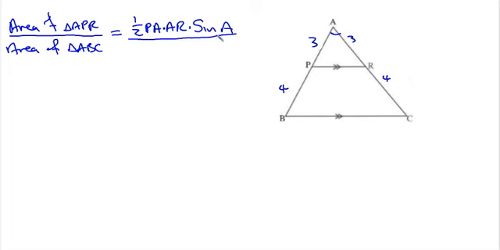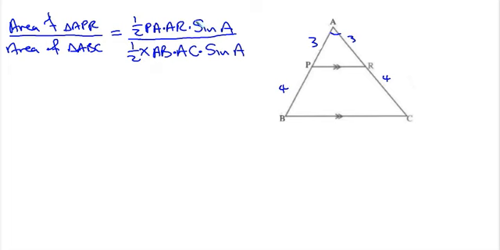And this is all over 1 over 2 times. We are now dealing with ABC, that is the big triangle. So we have the adjacent sides AB multiplied by AC multiplied by sine A. They are sharing the same angle there.